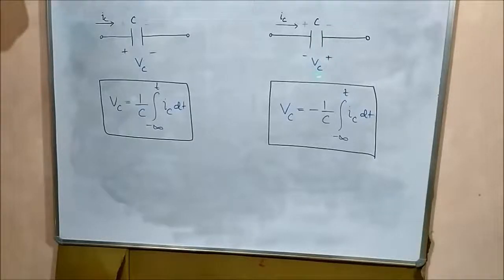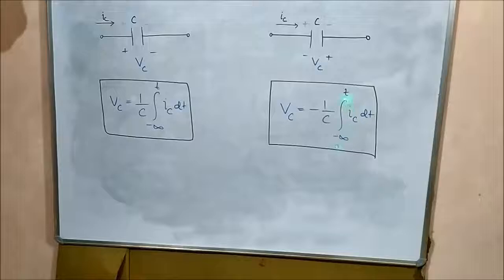So in this case, the voltage across the capacitor will be minus 1 by C integral from minus infinity to t of IC dt. The magnitude of both the capacitor voltages is the same, but here it is plus 1 by C integral of IC dt, and here it is minus 1 by C integral of IC dt, because the voltage across the capacitor is measured in the opposite direction to that of the polarity of the current flow in the capacitor.